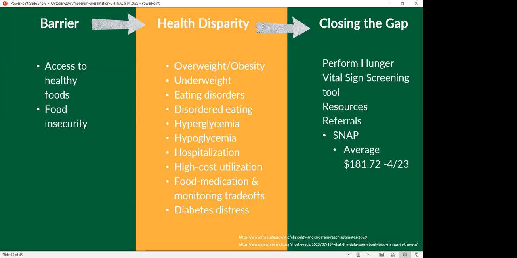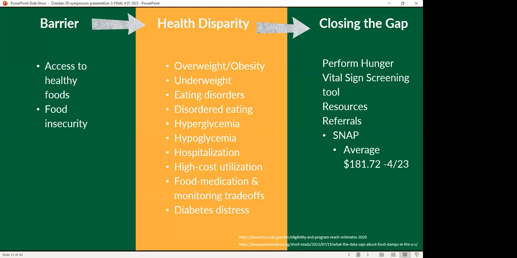So New York is a very expensive place to live. So that for a household in New York is $212. But if you live in Oklahoma, the average amount is $127.